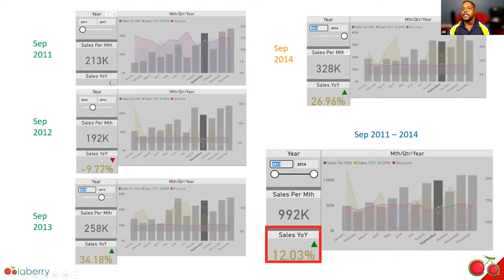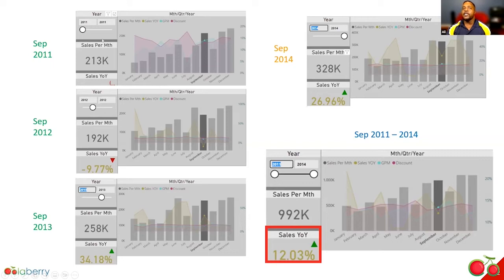And that's why you see year over year for September 2012 at a negative 10%, because it went from 213 to 192. Then it went from 192K to 258K, which was an increase of 34%. And then it went from 258K to 328K, which was about a 27% increase.